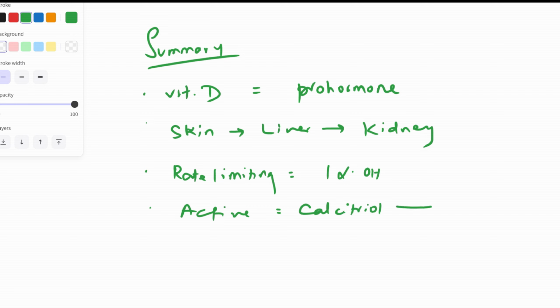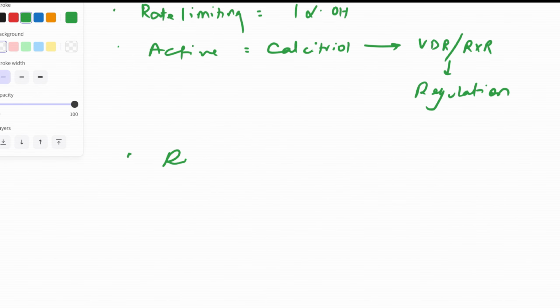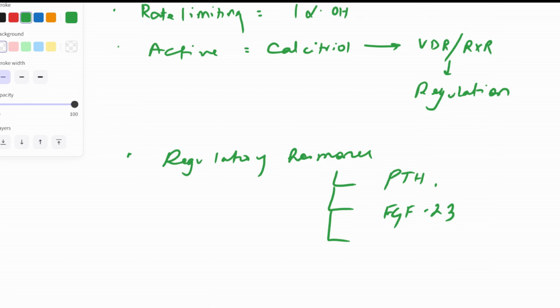It exerts its effect by binding to the nuclear VDR, which then forms a heterodimer with RXR to regulate gene transcription at specific vitamin D response elements. The key regulatory hormones are PTH, calcitriol, and FGF23. The main enzyme for inactivation is 24-hydroxylase.